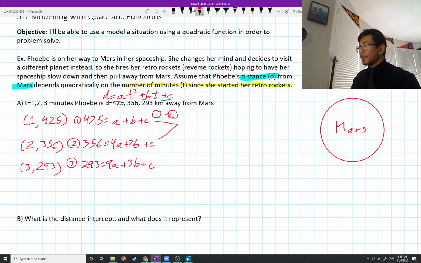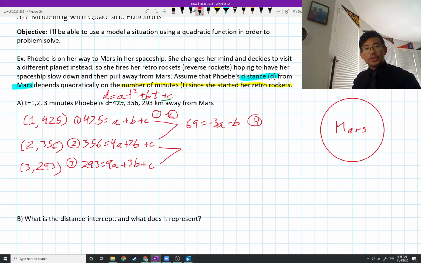It's totally fine. So if I do that, I should end up with, let's see, 69 equals a minus 4a should be negative 3a. b minus 2b would be minus b. And then c minus c will just be 0. Okay, and that's going to be equation number 4, so let's number that.